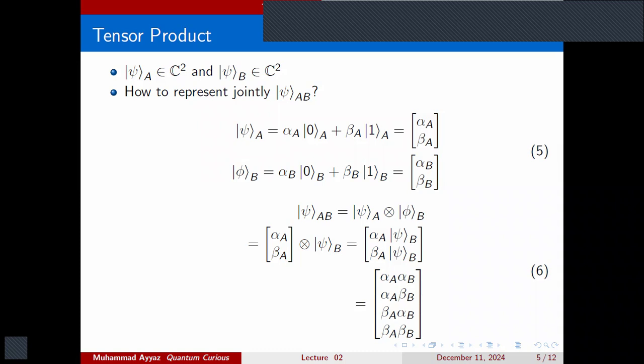The resulting joint vector is a four-dimensional vector. So it is a very nice and concrete concept to write the joint state if we know the individual state vectors.